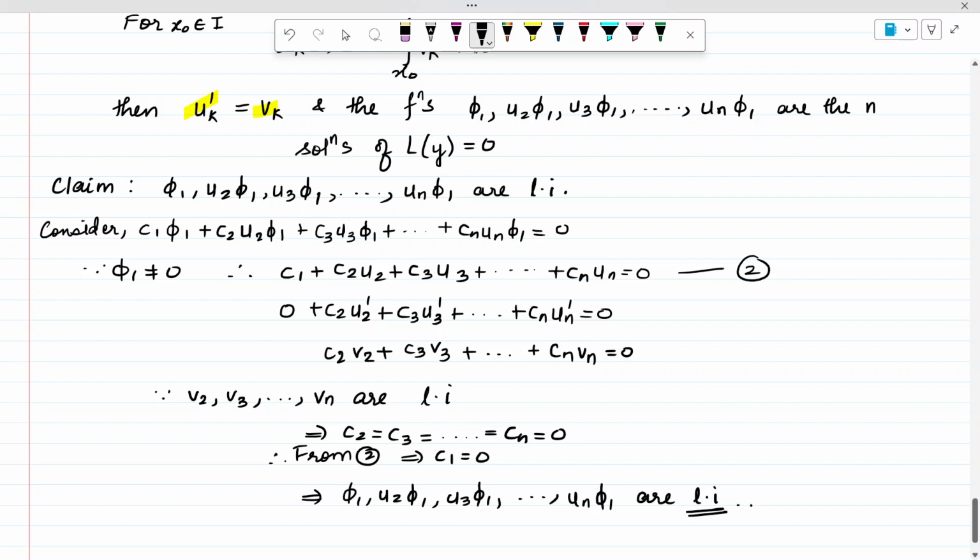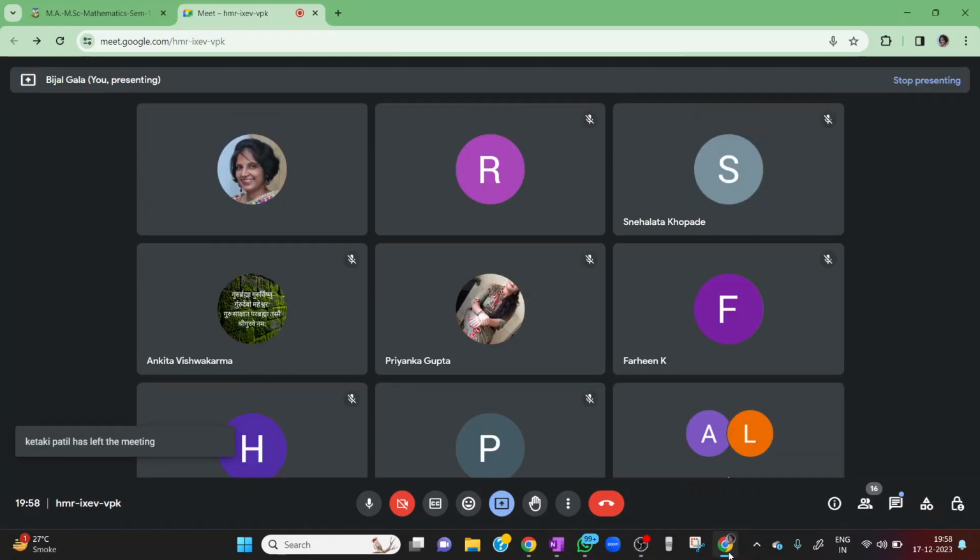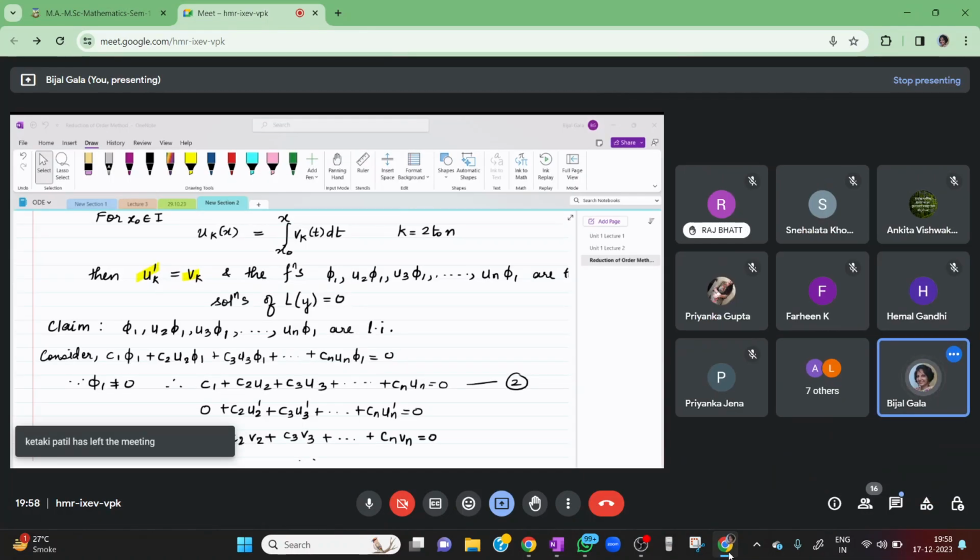So one thing I want you to understand here is, unlike what we did yesterday, where you found an actual concrete formula, here we are not finding a concrete formula. This is just a general technique which says that if you have one solution, you can reduce the order by one.